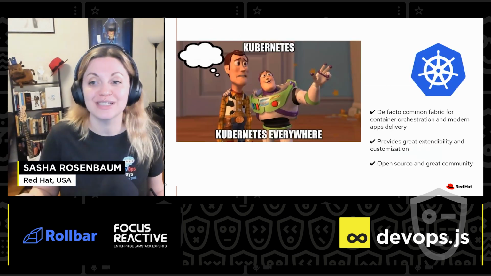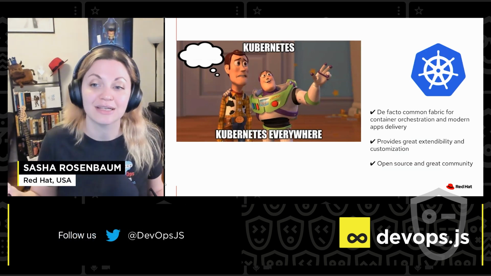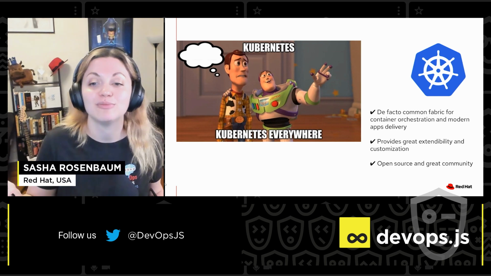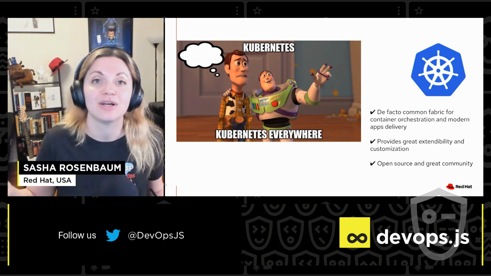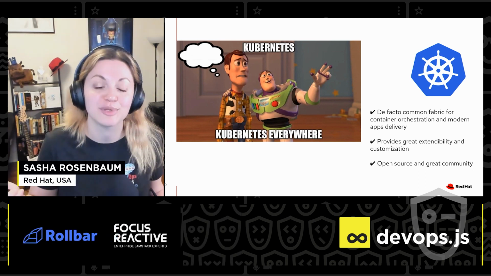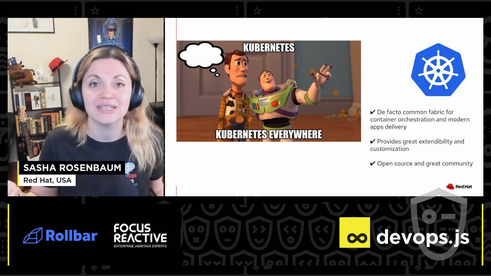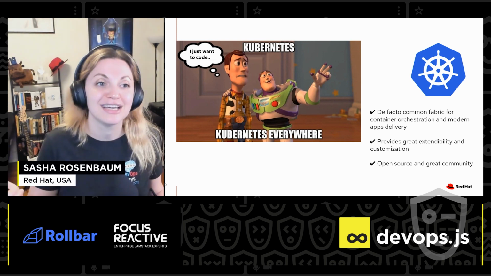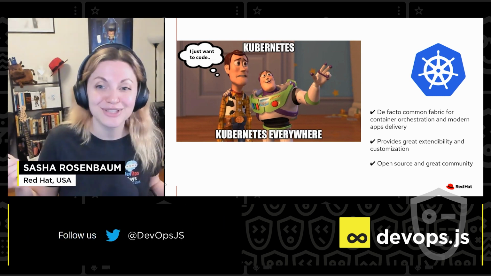So de facto, Kubernetes is everywhere, and basically it is the standard for orchestration of modern app delivery. It provides lots of extensibility, lots of customization, and a great community of open source contributors, and it just became this big technology that powers everything. And then, yes, of course, the developer take on it is like, I just want to write code, right?